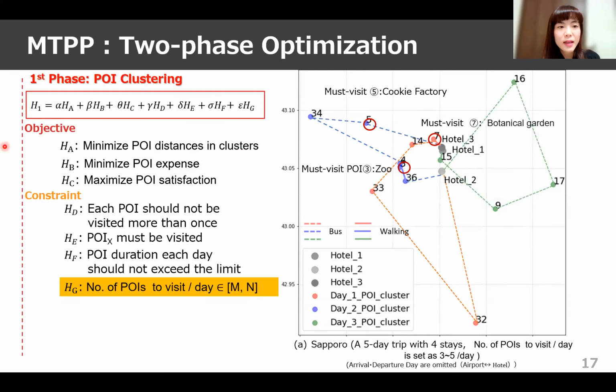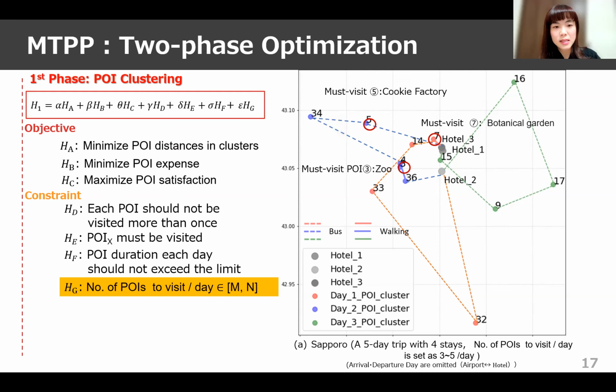So here, I would like to introduce a little bit more about the two-phase construction. For the first phase, POI clustering, we have 3 objectives included. The first one is to minimize the POI distance in each cluster. This objective aims to have all the POIs in each cluster close enough to each other.